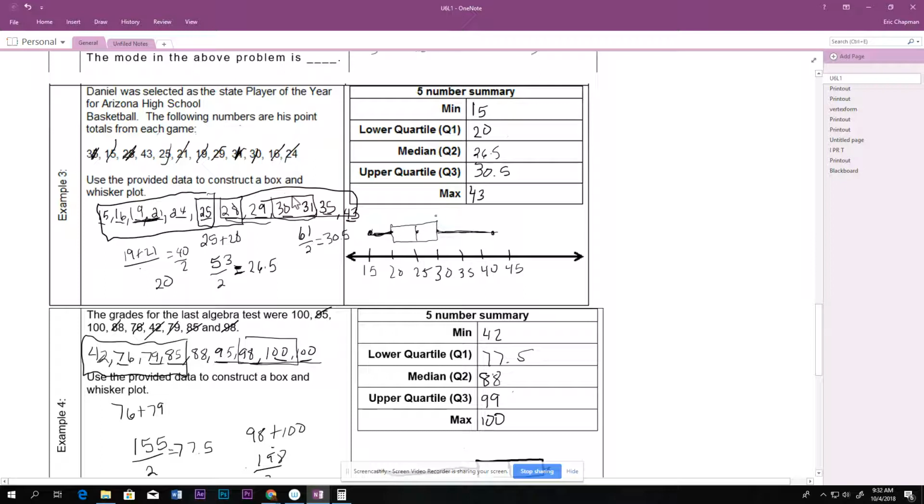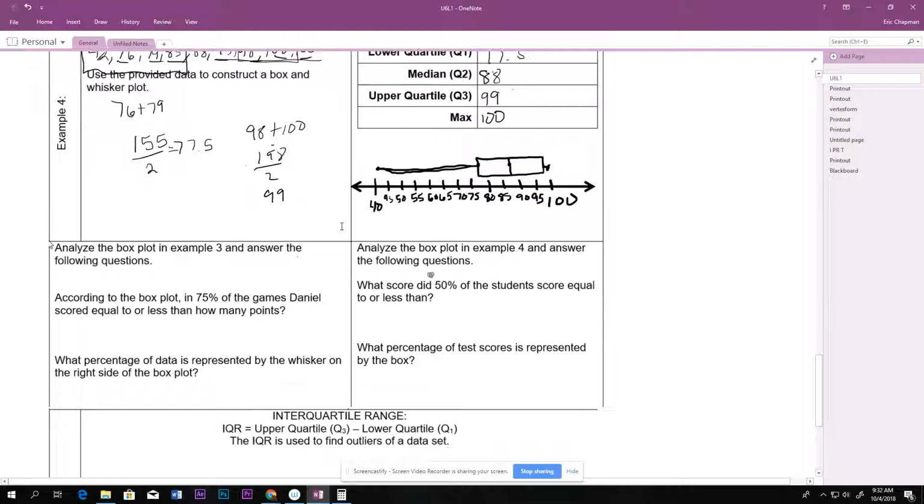So 75% of his points are less than this one right here, which is 30.5. So he scored less than or equal to 30.5 points in 75% of his games.